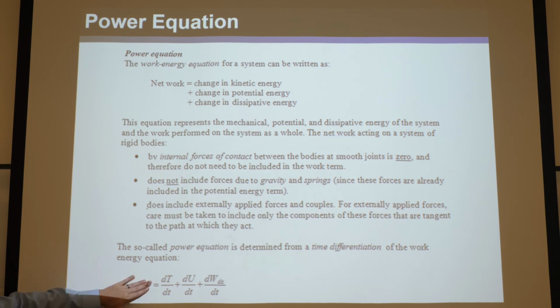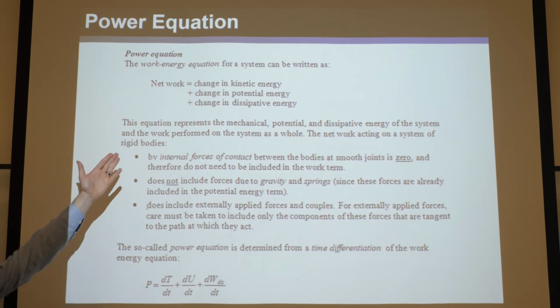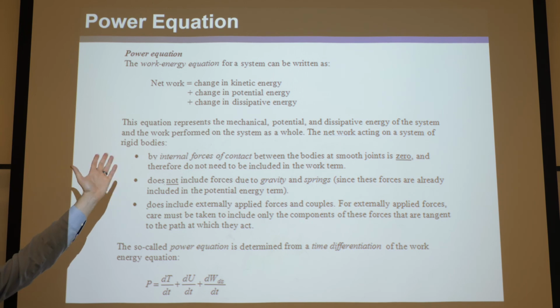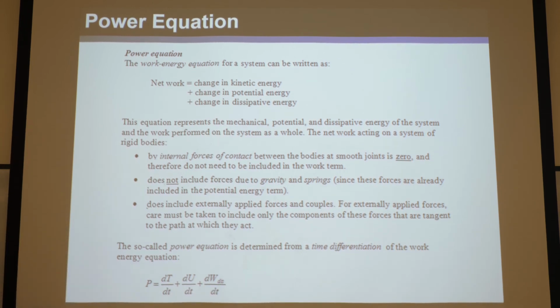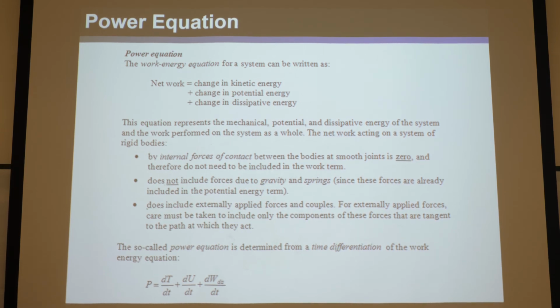That's all power, okay? And if you divide all these changes in kinetic energy, change in potential, change in dissipative energy by time and make those time increments infinitesimally small, so you're considering them at one particular instant, then this equation is true.